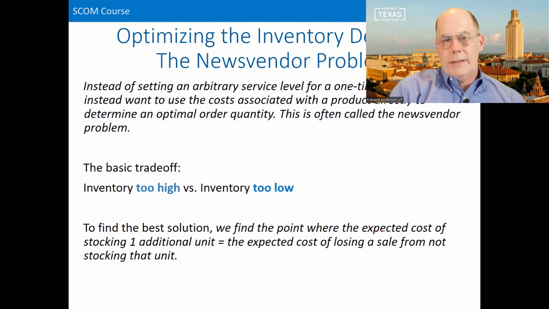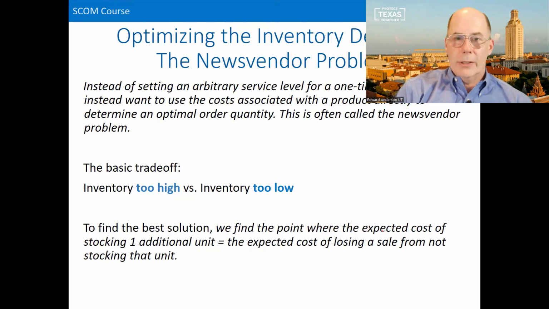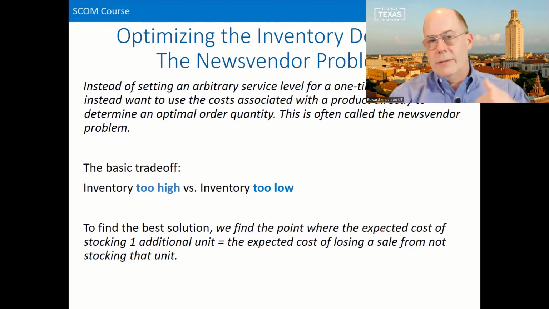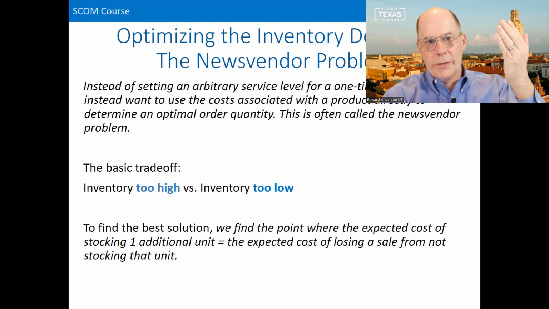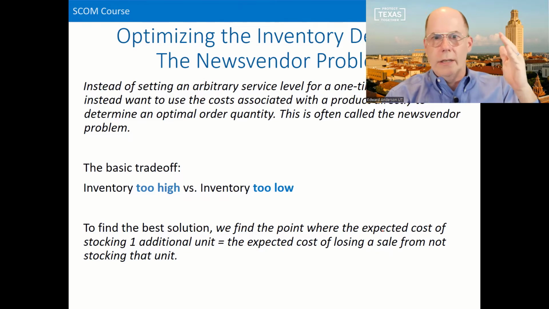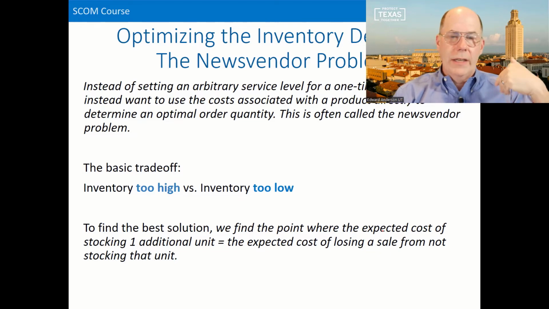The way this is dealt with is there's something called a newsvendor formula. This problem of how much we should order, given that we know all the costs, is called the newsvendor problem.